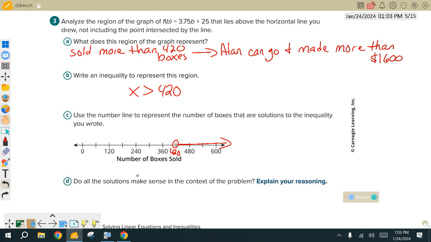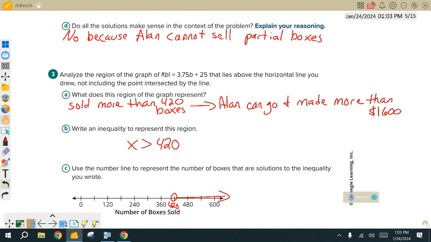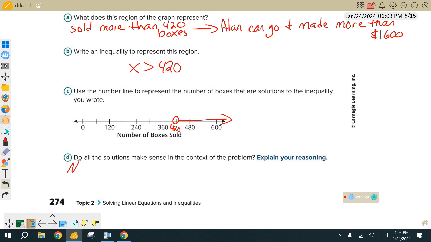All right. So from there, one more time. Why does it not make sense to shade every single thing? Because I can't sell 450 and a half boxes of popcorn. So we're going to copy paste down the same answer we said earlier, right here where we said no, because Alan cannot sell partial boxes.